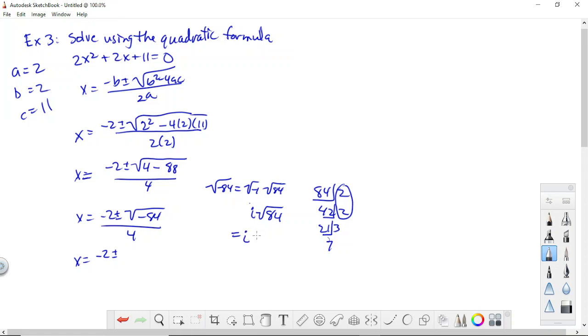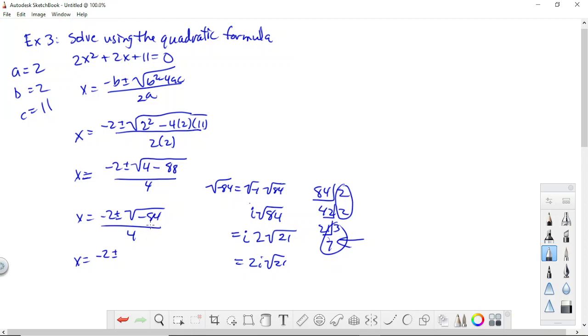I, and we brought out a 2, and inside we still have the 3 and the 7. Okay, 21, because you got to take 3 times 7. Okay, and you get 21. So we usually write that as 2i square root of 21. And that is going in where the square root of negative 84 was, right here.